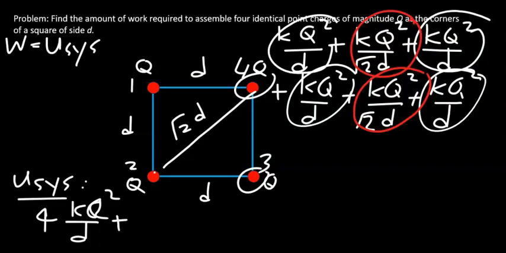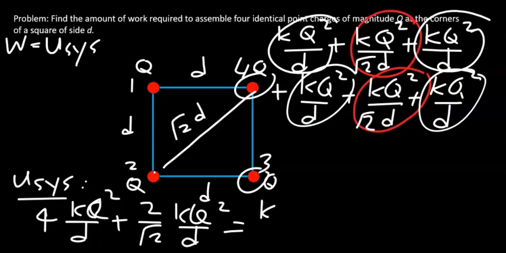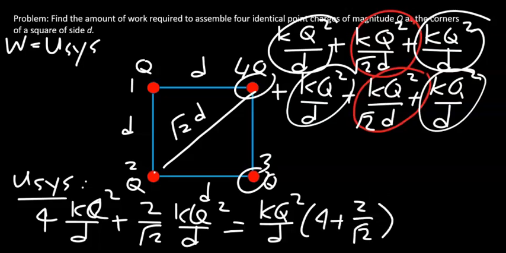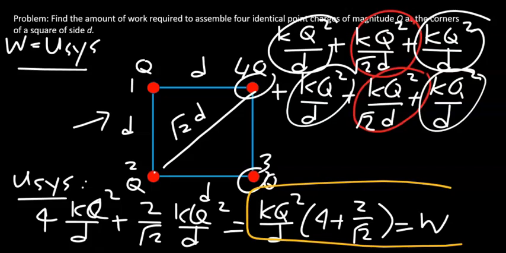That means 2 over square root 2 times KQ squared over D. This can be simplified as 4 plus 2 over square root 2, times KQ squared over D. This is the amount of work required to assemble such a system, and this solves the problem.